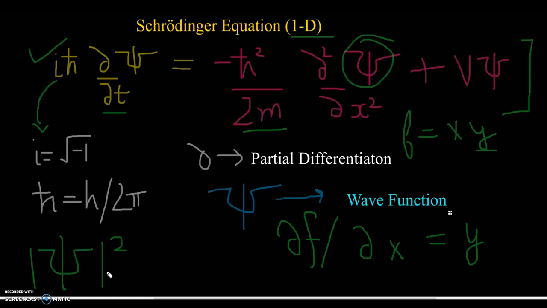Now first we are taking the mod of the wave function, and then we are squaring it. The integral of this with respect to dx gives the probability. So the aim of quantum mechanics is to do all of this. In further videos we will see how wave function relates to the probability of a particle.